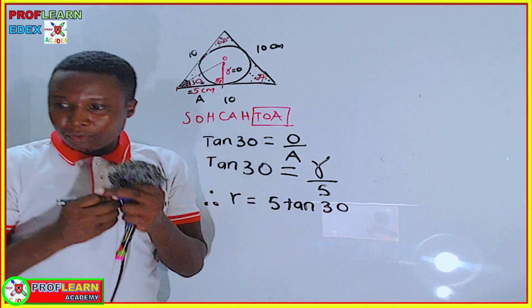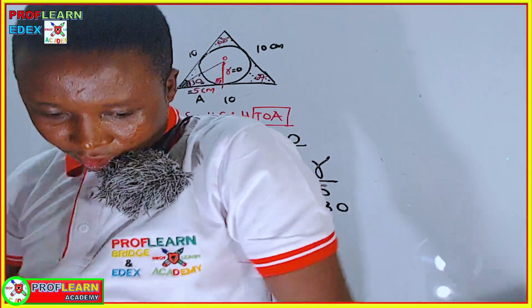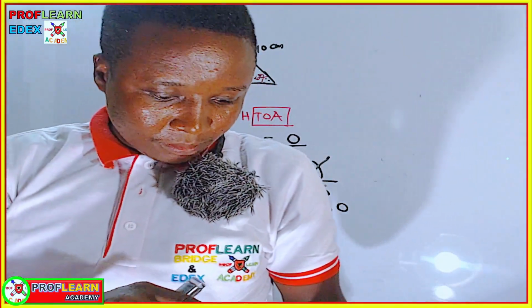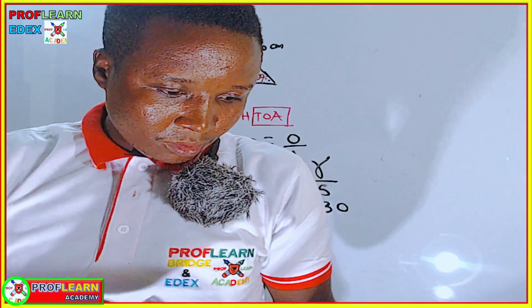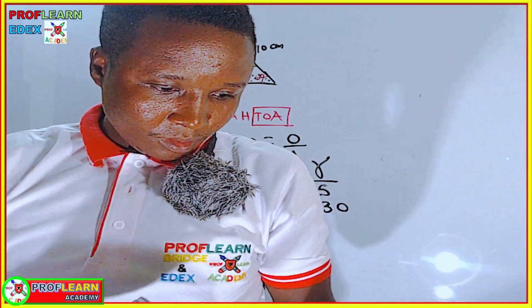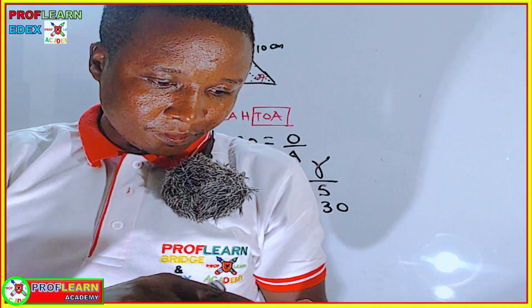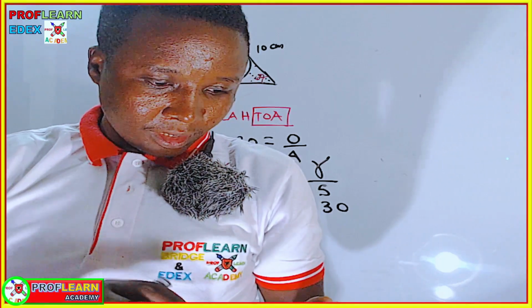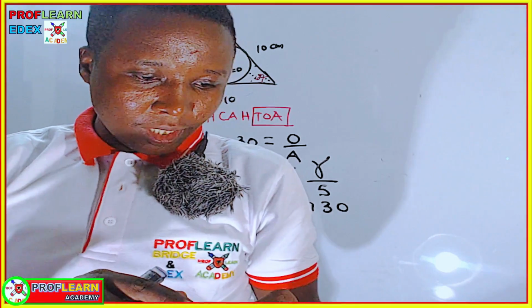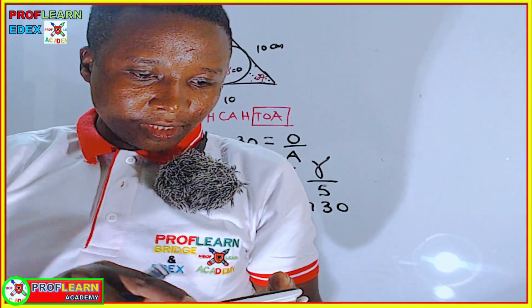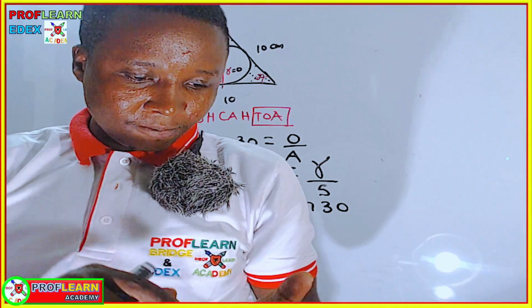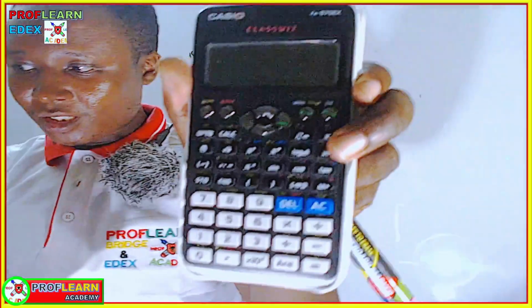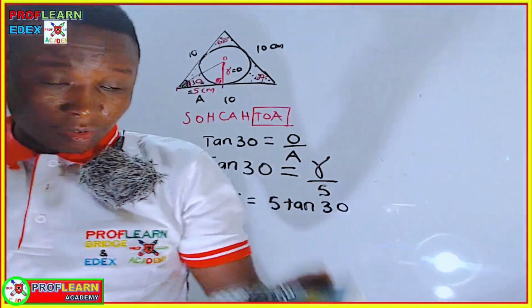So we can now say our r is 5 tan 30. Let me put this in the calculator so that we can see what the radius is. My calculator is in radians, so confirm that your calculator is in degrees so that you don't end up getting wrong answers. Always check whether it's in radians or degrees.